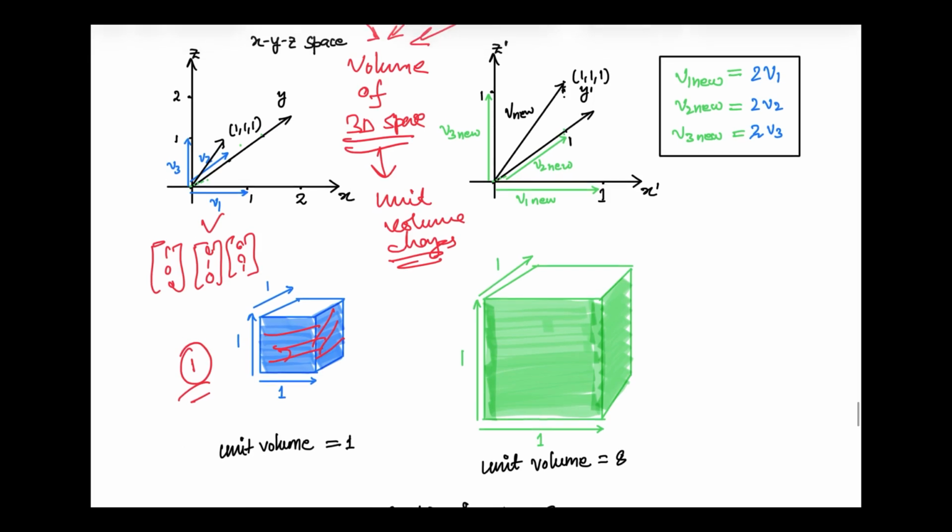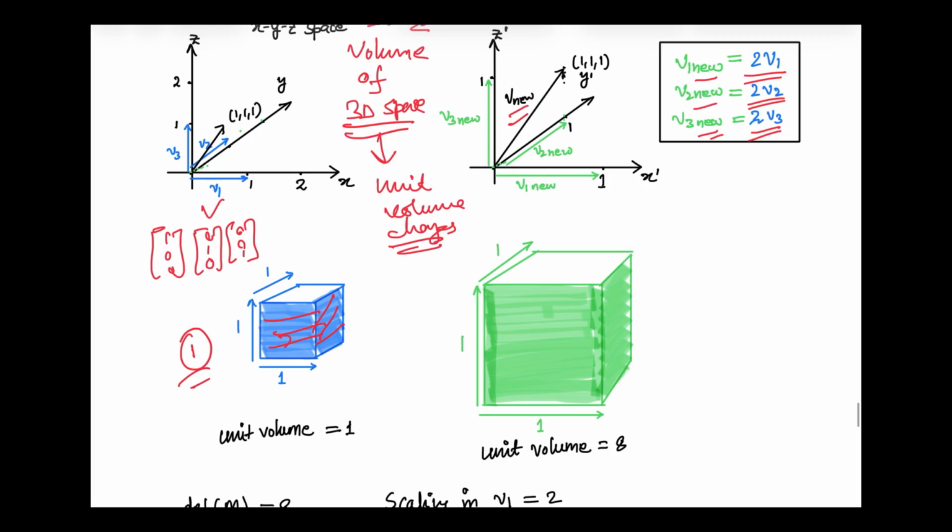And as we apply the transformation matrix M and it acts on the vector v, we get a new vector v, and this is represented with respect to a different, new basis, and these new basis vectors are actually 2 times the previous basis. So we see that v1 new is 2 times v1, v2 new is 2 times v2, and v3 new is 2 times v3.